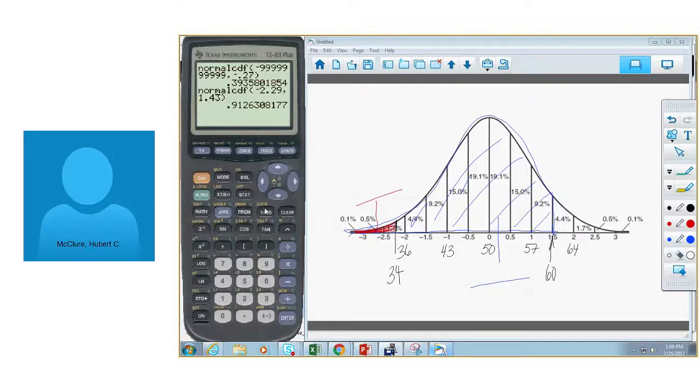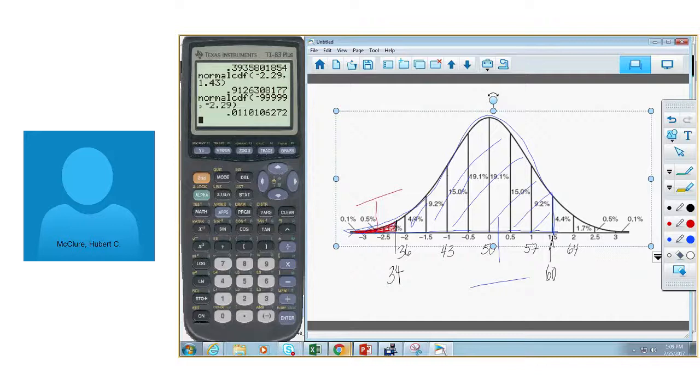Second, bars, normal CDF, negative 99999, comma, 2.29. And that red area is 0.0110. So the red area is 0.0110.